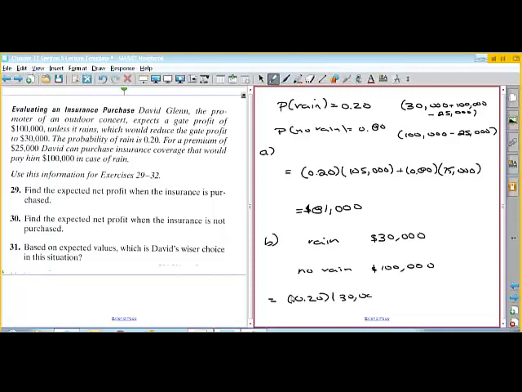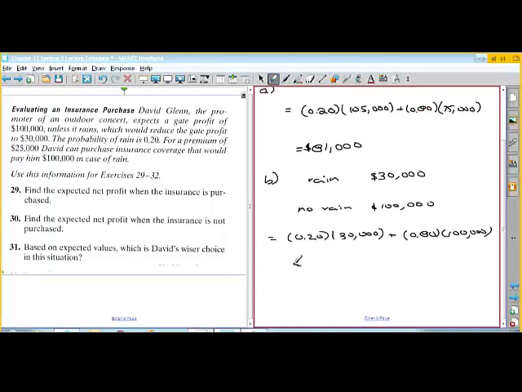You take the probability of rain times the value of rain, plus the probability of not raining times the value of not raining, and we get 30,000 times 0.2 plus 0.8 times 100,000, and we get $86,000.